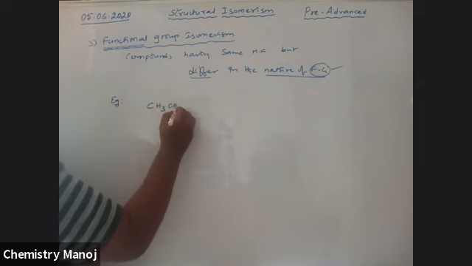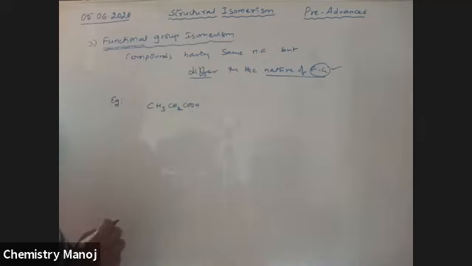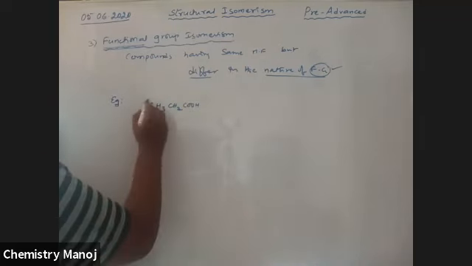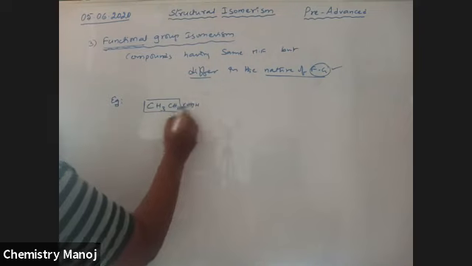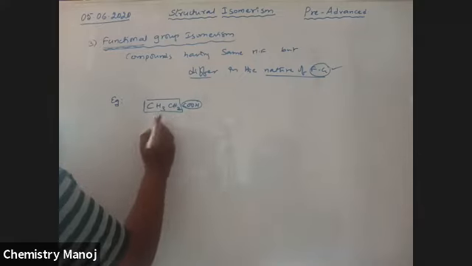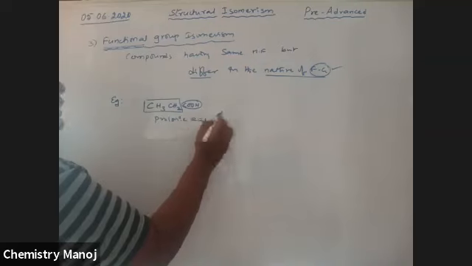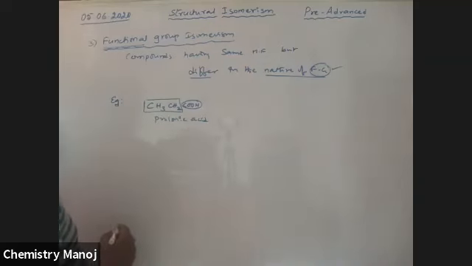CH3CH2COOH. It is an ethyl group with the acid end. The common name of this compound is propionic acid, which is a carboxylic acid.